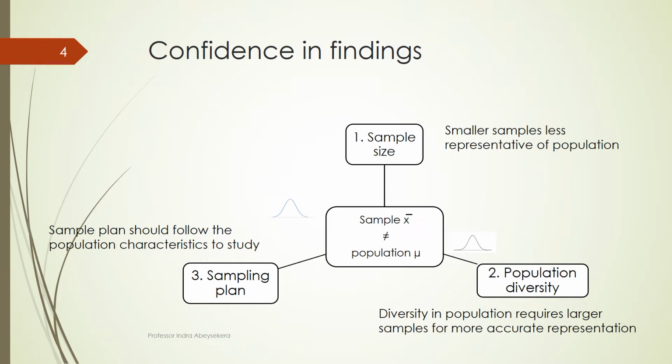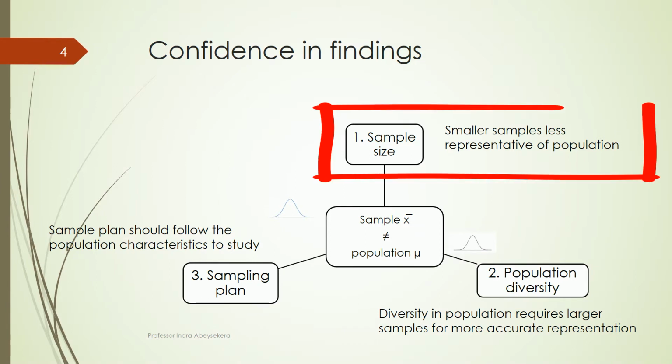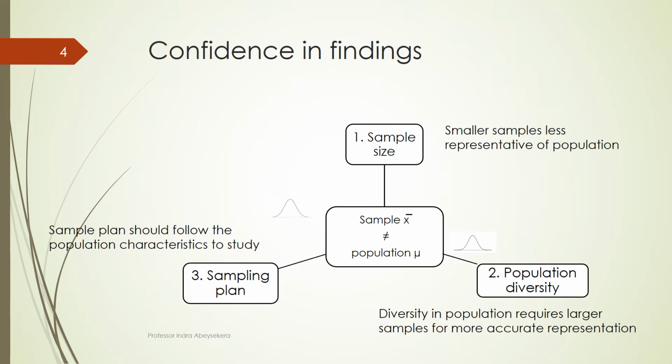The sample mean error can arise from three sources. One is the sample size. Smaller sample sizes are less representative of the population, and smaller samples can increase the error of the mean of the sample in relation to the population.